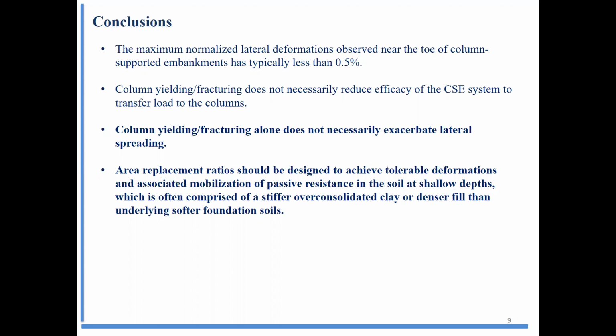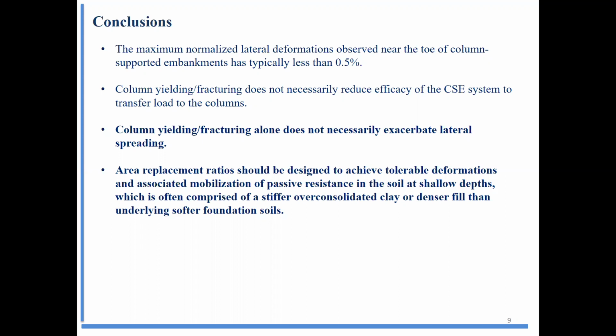So based on our study, we believe industry should subscribe to criteria where area replacement ratios are designed to achieve tolerable deformations and associated mobilization of passive resistance in the soil, particularly at shallow depths where the soil is often comprised of a stiffer, over-consolidated clay or denser fill than the underlying softer foundation soils.